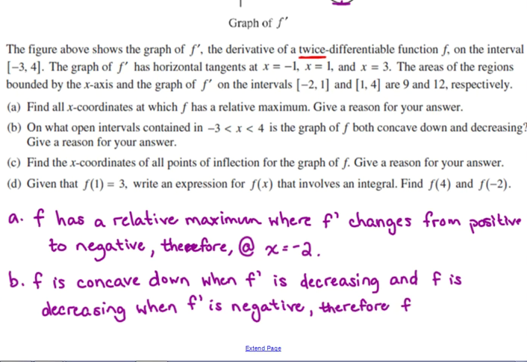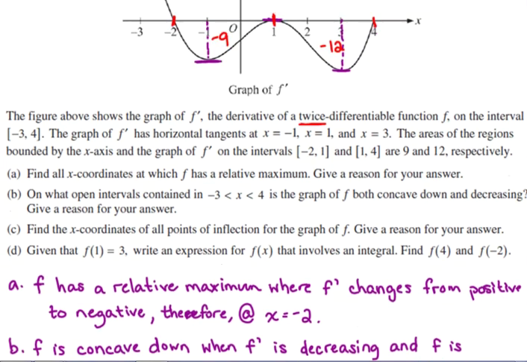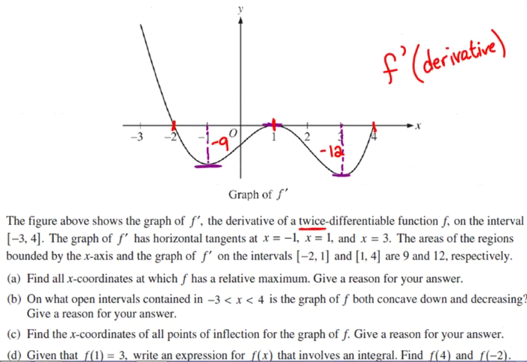Therefore, f is concave down and decreasing for, let's see here, where f prime is decreasing and negative. So negative, I'm negative between -2 and 4, so then I just need to pick out the intervals where it's decreasing.